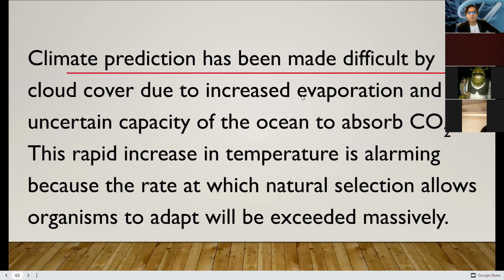This rapid increase in temperature is alarming because the rate of change will massively exceed the rate at which natural selection allows organisms to adapt. When you say natural selection, this is the continuation of the strong and the elimination of the weak in organisms, the adaptation.